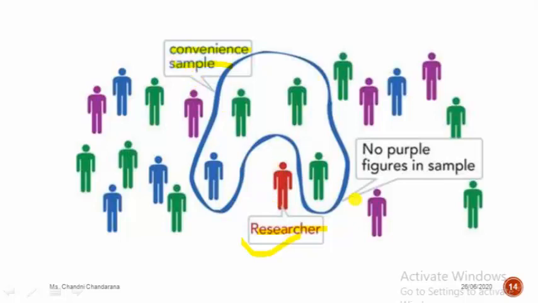You can see over here, there is no purple figure in the sample. Means the purple figures are not convenient for this researcher. So here he will select the convenient sample, means the sample which is more convenient to his or her study. So this is known as convenience sampling.